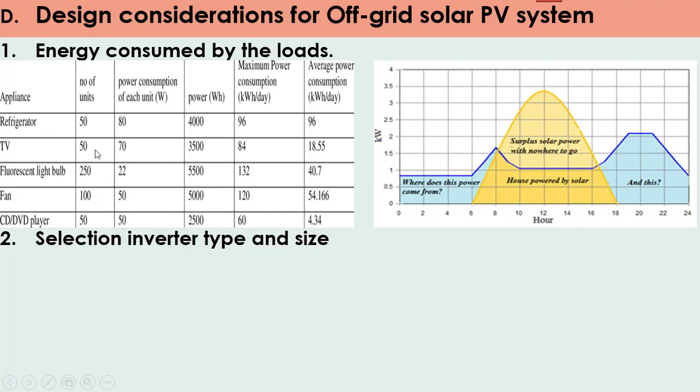How many appliances are in the home, the number of units for each appliance, the power of each appliance, and the total power required for these appliances, and also take into consideration the maximum power consumption, and then we will calculate the average power consumption, measured in kilowatt hours per day, in order to make our sizing of the system.